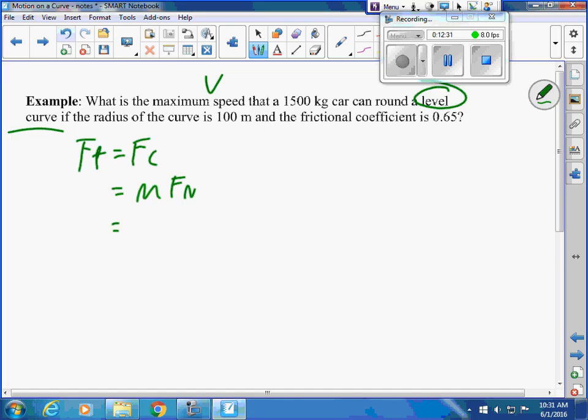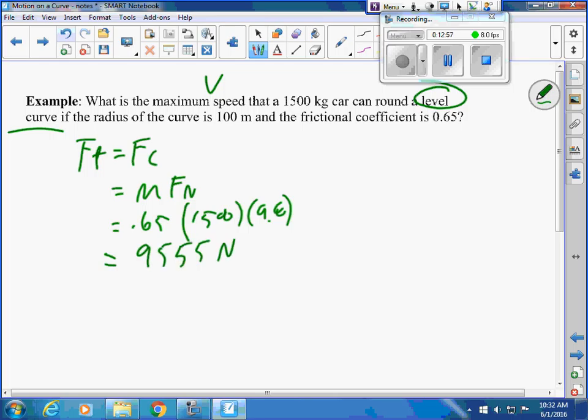Our mu value is 0.65. Fn is m times g. So that's, hey? And it's flat. So it's 1,500 times 9.8, and you get 95.55 is what I get.